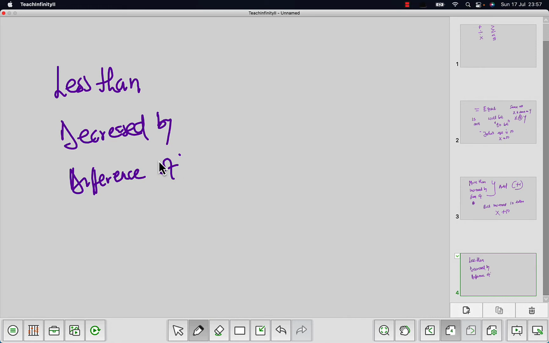So sum of, addition; difference of, subtraction; more than, addition; less than, subtraction; increase by, addition; decrease by, subtraction. You get it? Whenever you see such words, it just means you should subtract.